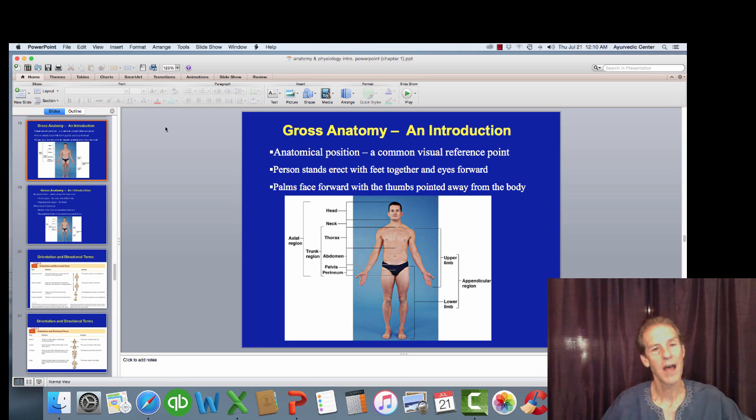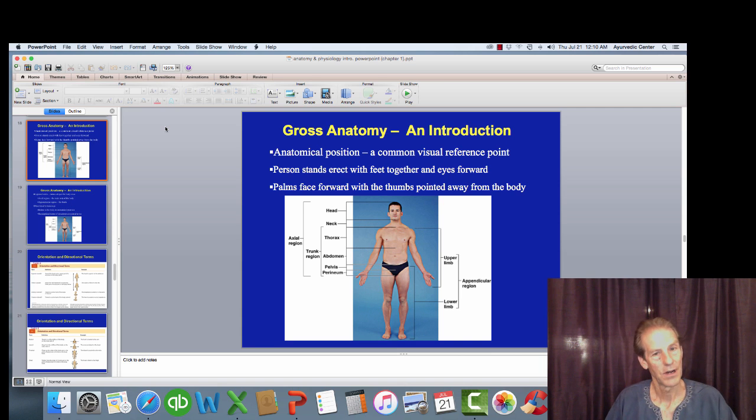And so the anatomical position is a position from which these body parts are named and referenced. The human body could stand like this or like this, but in order to uniformly label parts, we've decided to do it in this position, so there's no ambiguity about it.